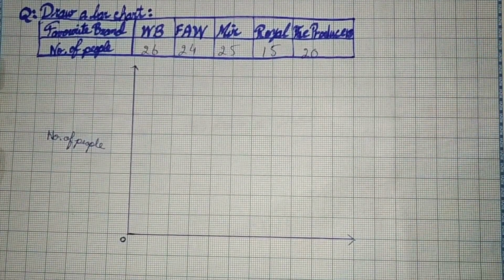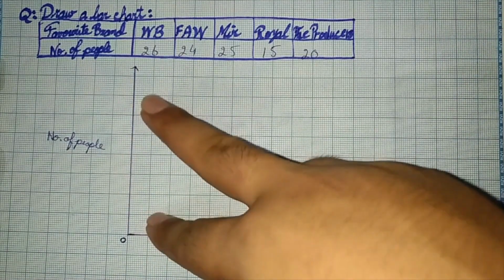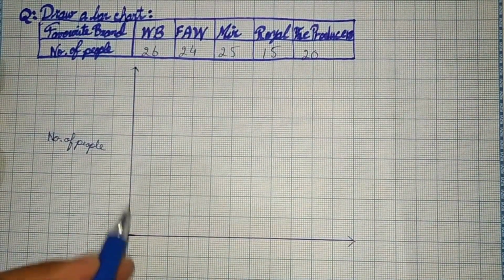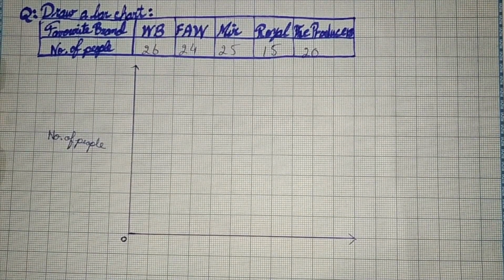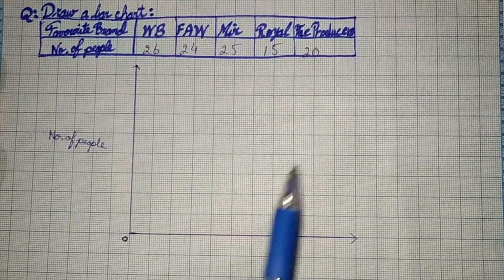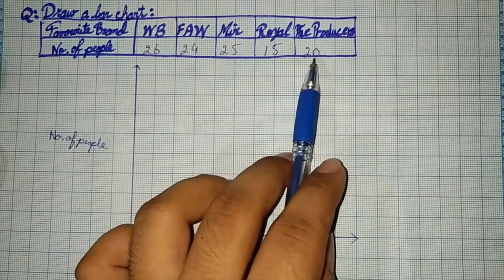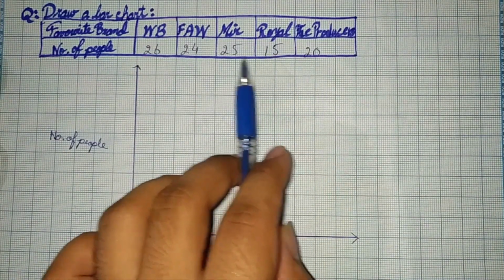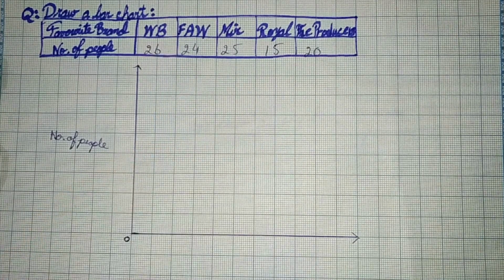We have to scale this, that is, decide what the gap is between each box. First, here we have the smallest value 15, and here we have our largest value 26.